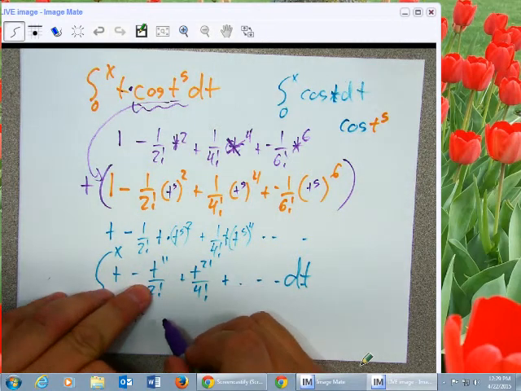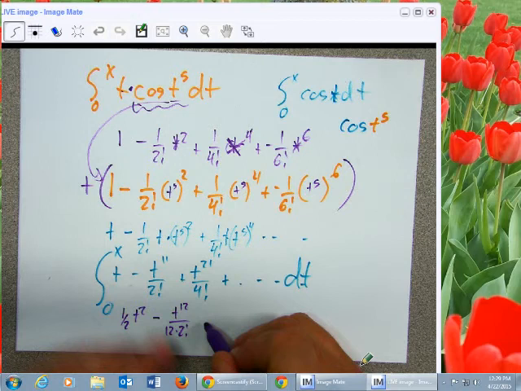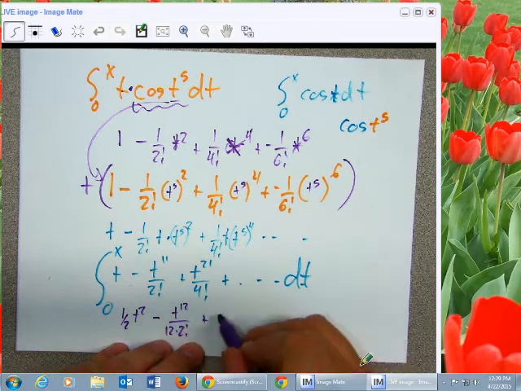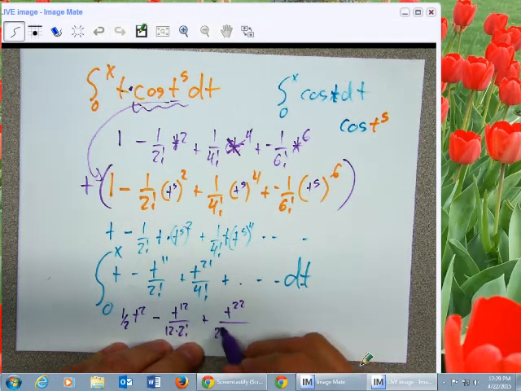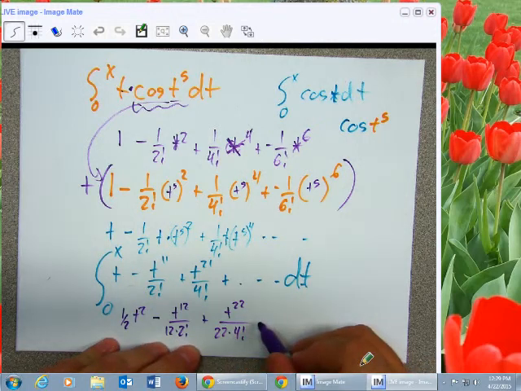The integration here is going to be negative, and we're going to have t to the 12th up top. It's going to be 12 times 2 factorial, plus we're going to get t to the 22nd. We're going to get 22 times 4 factorial, etc.